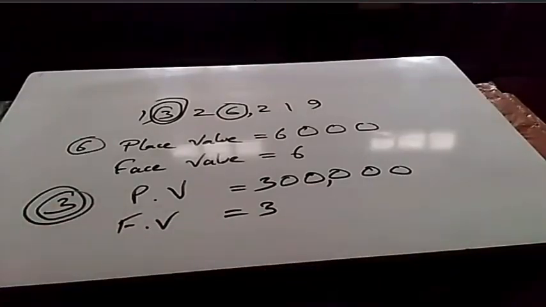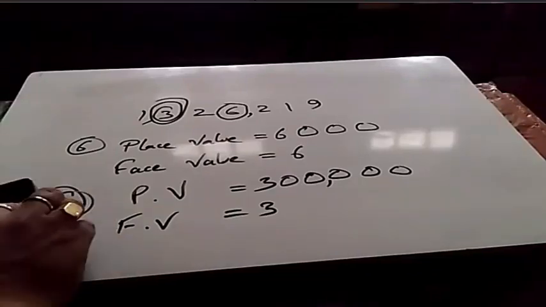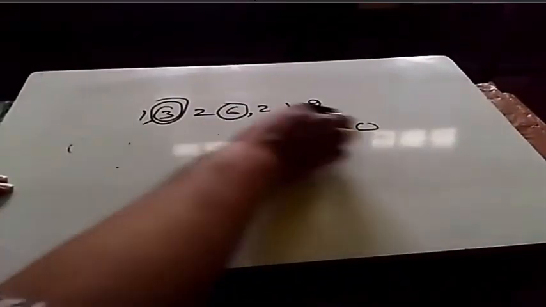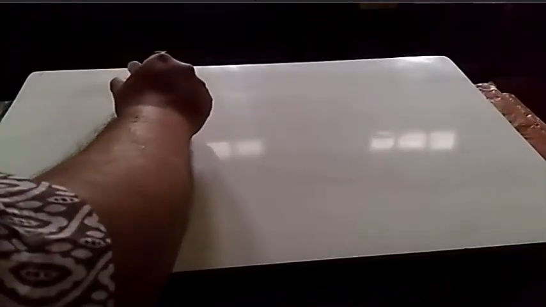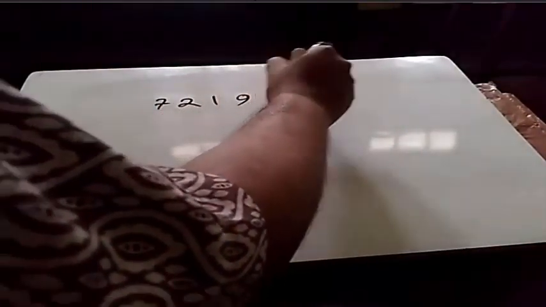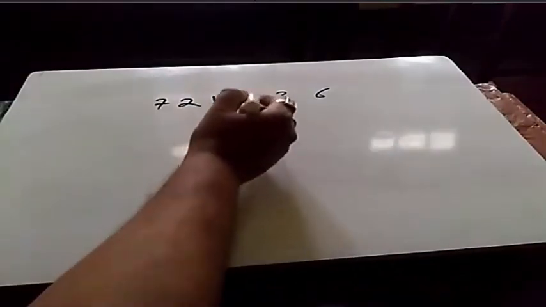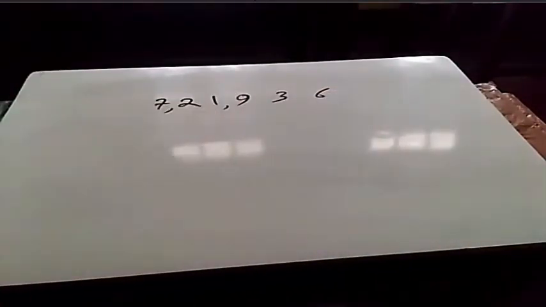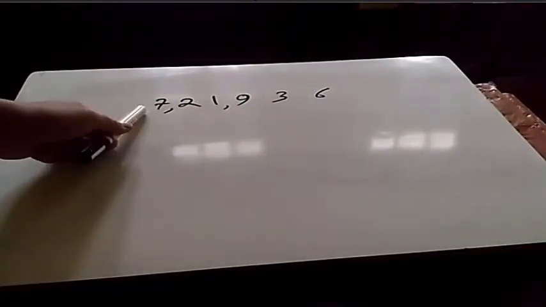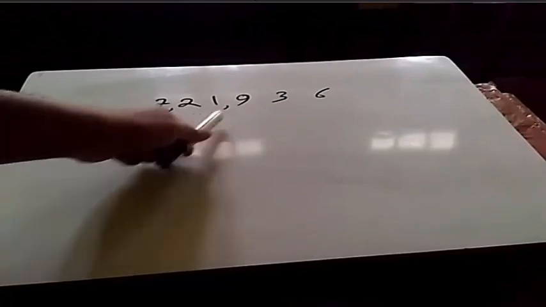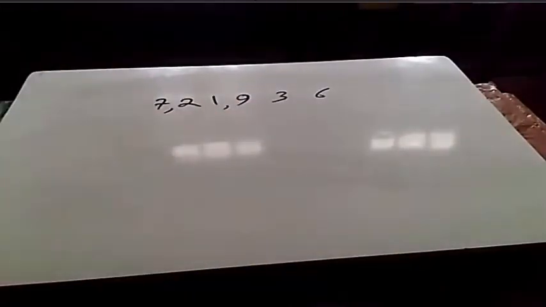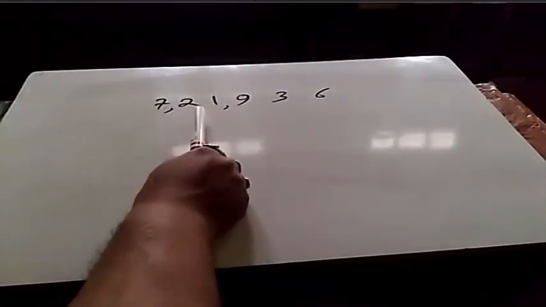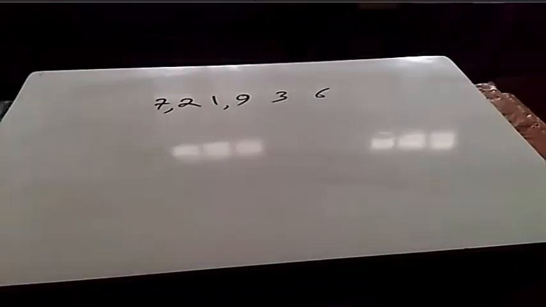Now let us consider a number in the Indian system. Say 721936. In the Indian system, 123, 12, so this number is 7,21,936.